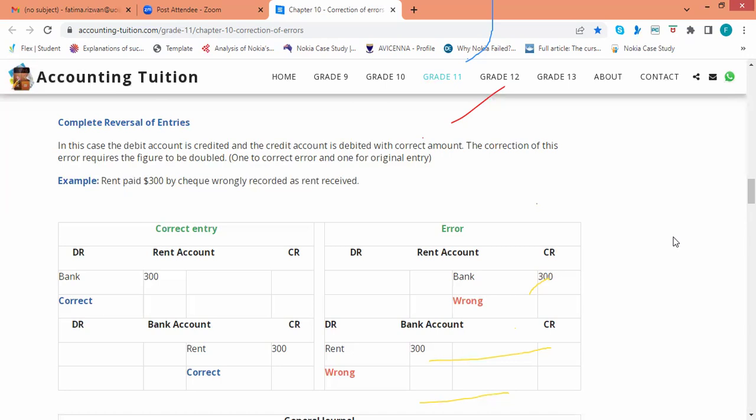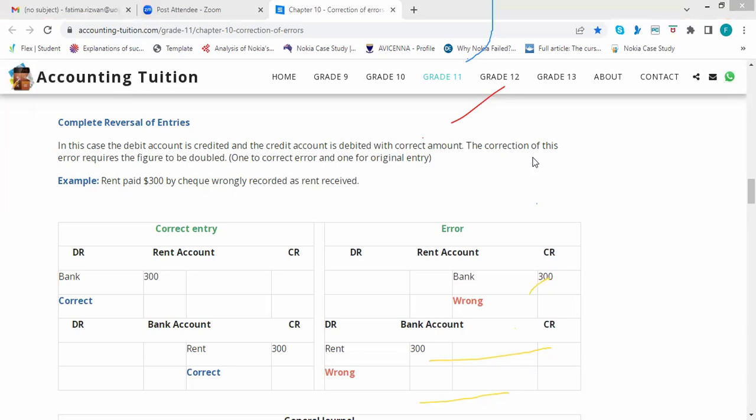Now you have to change it. But see, the rent was supposed to be debited, but you have credited it with 300. When you debit the rent, it's going to become 0, and then you have to double it to make sure that now it is rectified.